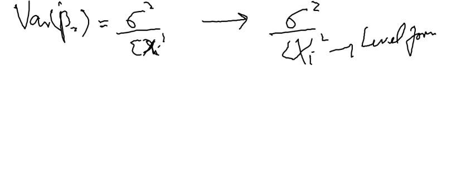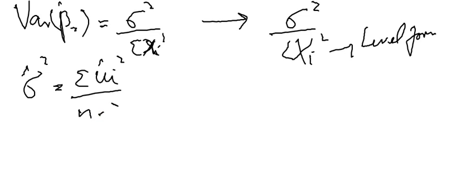In case of variance, in usual OLS with intercept, sigma hat square is equals to summation ui hat square over n minus 2. But in case of regression through origin, it will be equals to summation ui hat square over n minus 1.